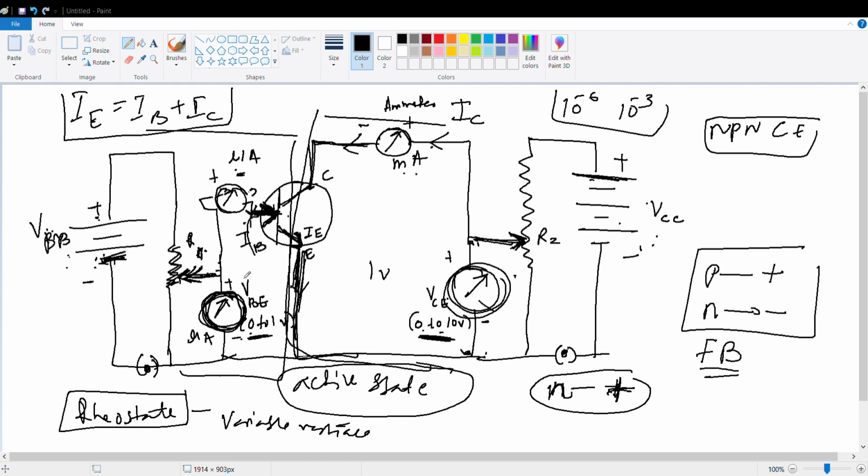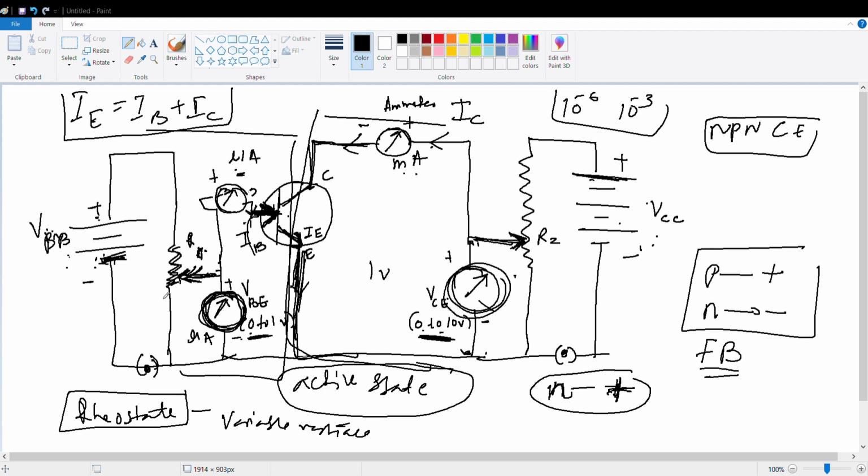Input characteristics is IB versus VBE at constant VCE. But output characteristics is IC versus VCE at constant IB.